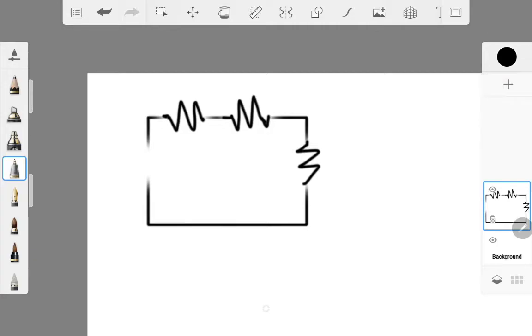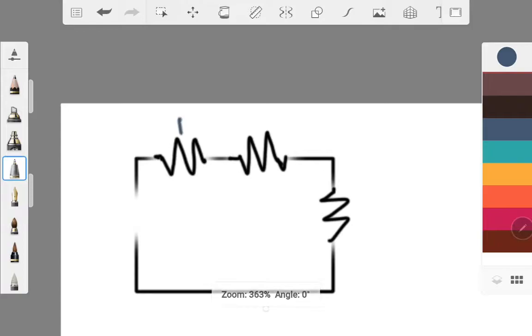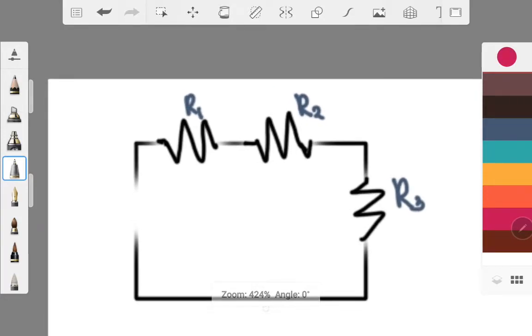This is your R1, R2, R3. And also I will put a source, a DC source. Let's say this will be your VT.